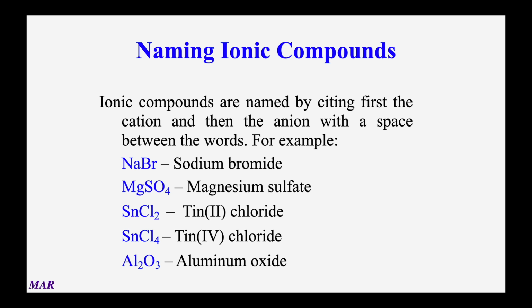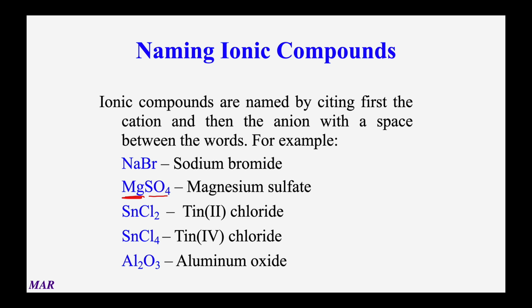The next one is magnesium sulfate. Magnesium is a +2 metal, and sulfate is a -2 polyatomic ion. So they come together 1 to 1 like that, magnesium sulfate.